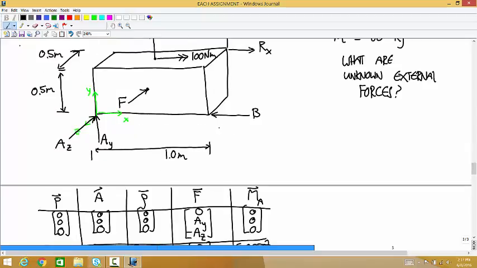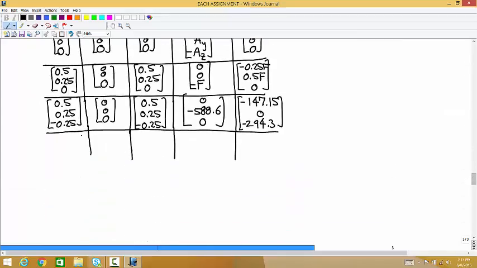So now let's go to this force B. What's the location of that force? Yeah, 1, 0, 0. About point is 0, so the row vector is 1, 0, 0. And what's the force vector?